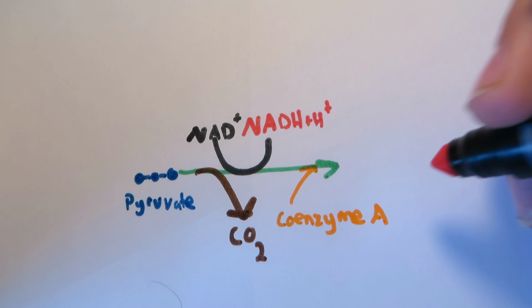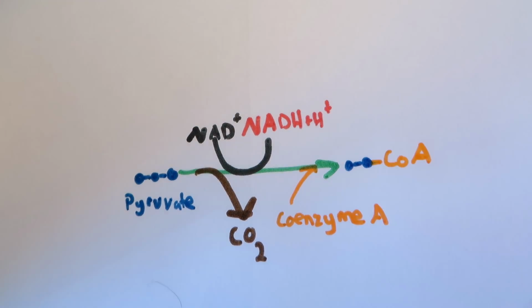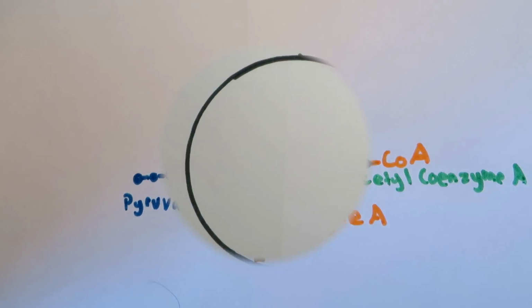Meanwhile, a coenzyme A combines with this pyruvate molecule. This creates a 2-carbon molecule joined with a coenzyme A. This is abbreviated to acetyl-CoA. 2 NADHs are made due to the pre-Krebs cycle.